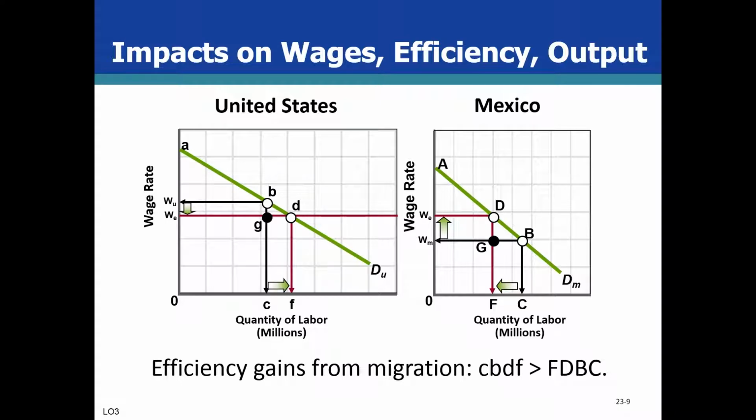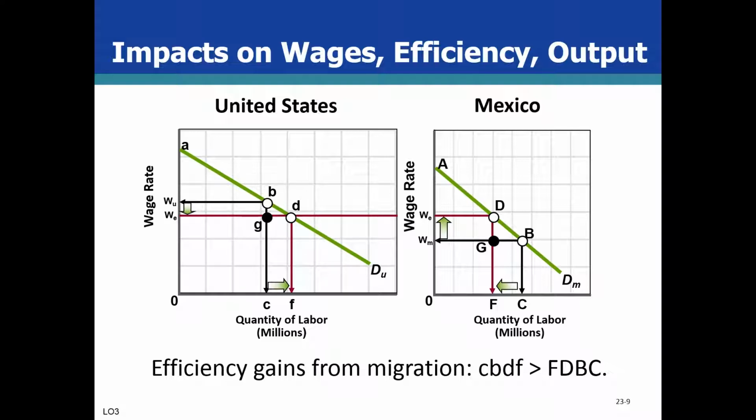While it may not be initially apparent by looking at the graphs, the total increase in output in the United States, measured as CBDF, if you trace that particular proportion, is greater than the loss in Mexico at FDBC. That's why I mentioned the difference in the proportion of the two graphs.